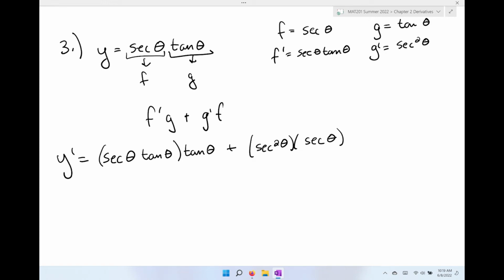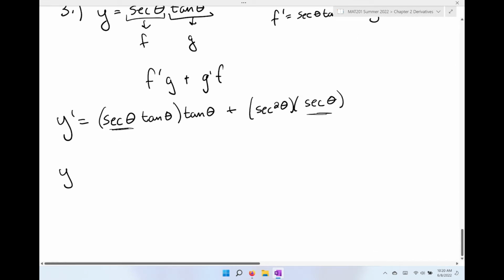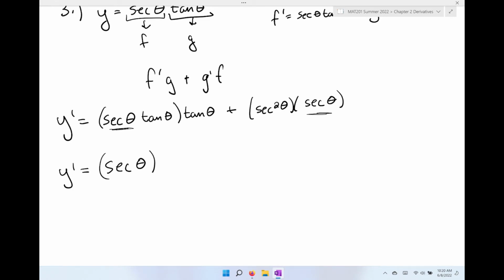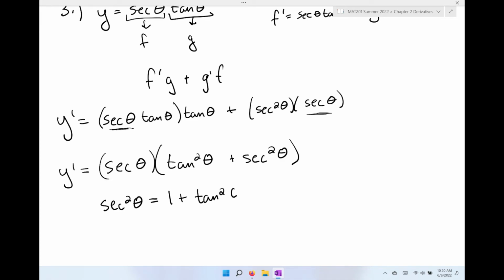So if you notice, in both scenarios, I can factor out secant theta. So by doing that, that's going to give me secant theta out front times tangent squared theta plus secant squared theta. And using the identity, secant squared theta equals 1 plus tangent squared theta.